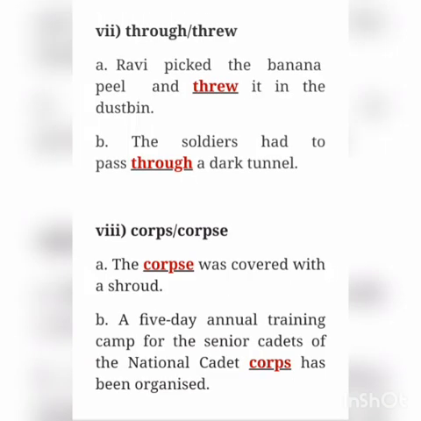P-A-I-L. 7. Through. Ravi picked the banana peel and threw it in the dustbin. T-H-R-E-W. The soldiers had to pass through a dark tunnel. T-H-R-O-U-G-H.